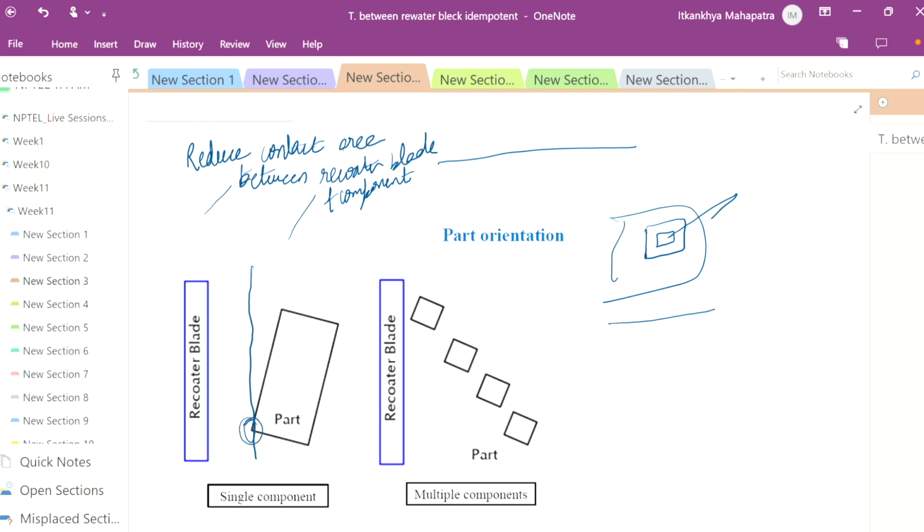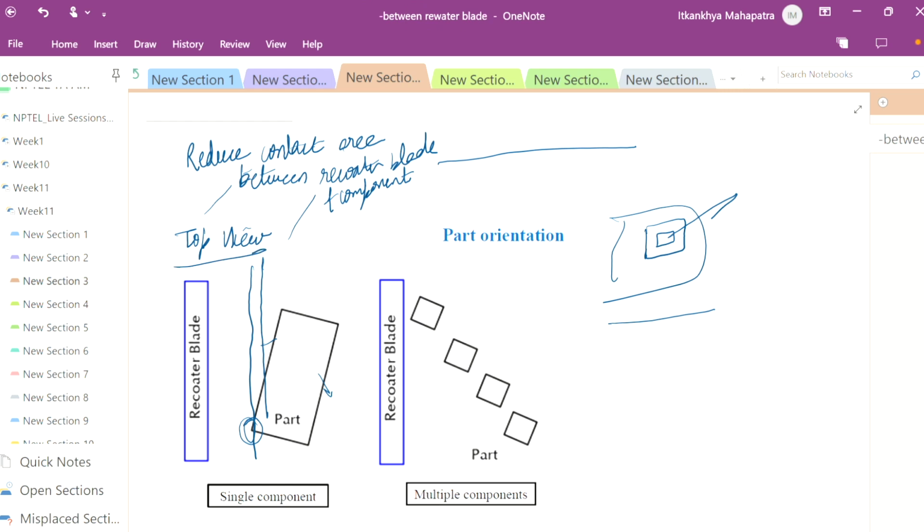There is no abrupt contact between the part and the recoater blade. So this reduces the possibility of component failure. This is the motive behind placing the component in an unbalanced manner with respect to the recoater blade. Now we are seeing this from the top view.